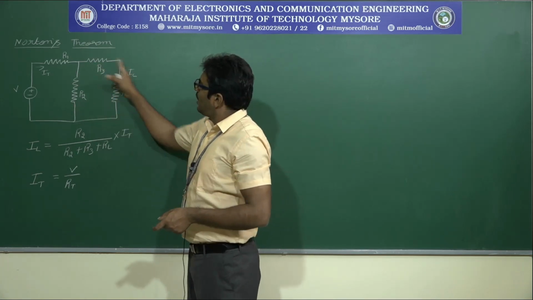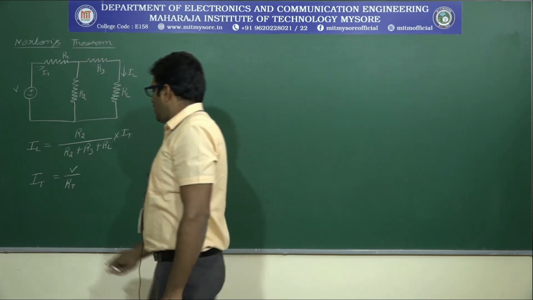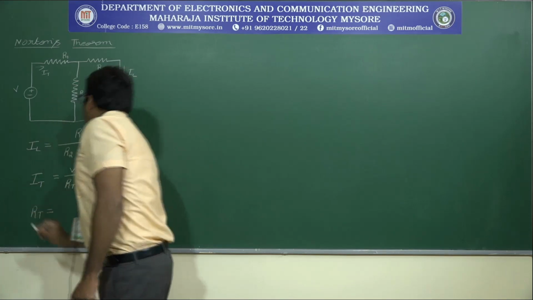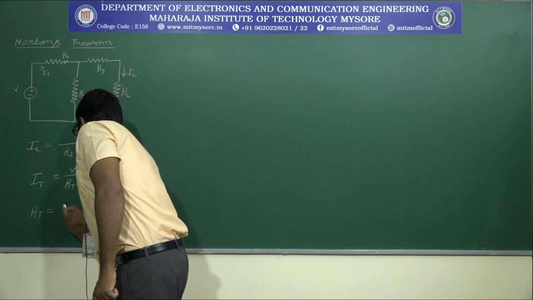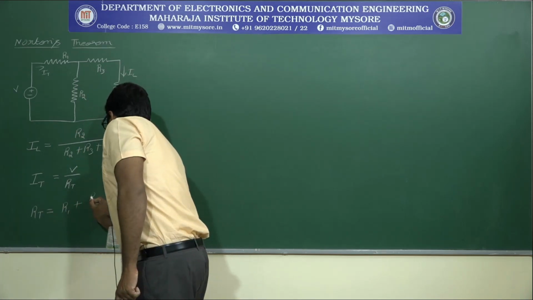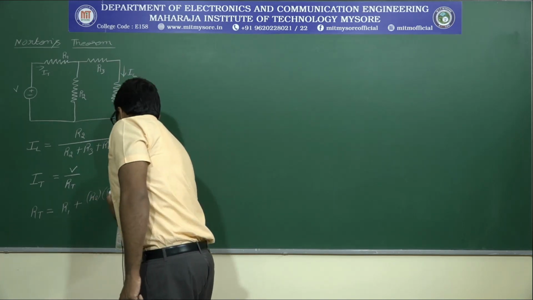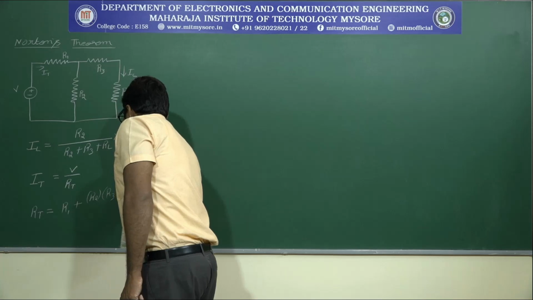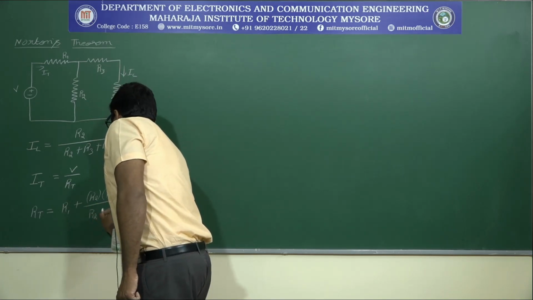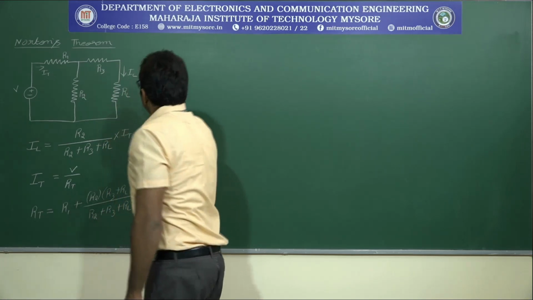Next, this entire combination is in series with R1. So how can we obtain the equation for RT? RT is equal to R1 plus R2 times (R3 plus RL), because these two are connected in series, divided by R2 plus R3 plus RL.